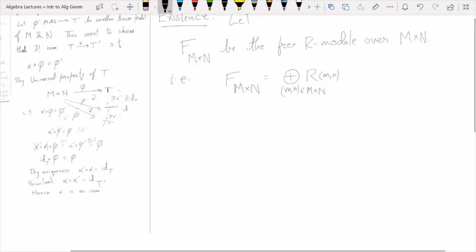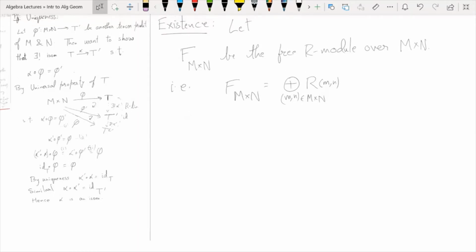So this is your free module, and of course there is a natural map from M cross N to F. I don't want to call it phi, because phi will be our bilinear map, so let's call it i. It's an inclusion map.